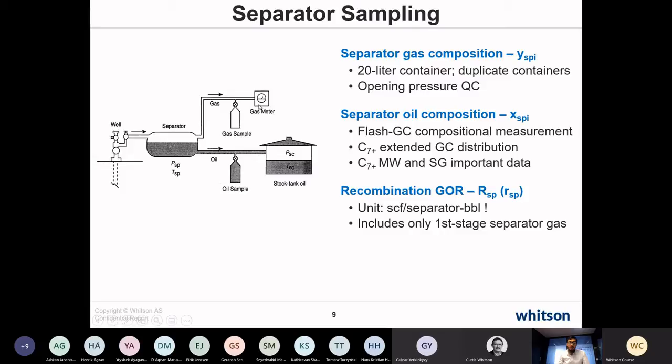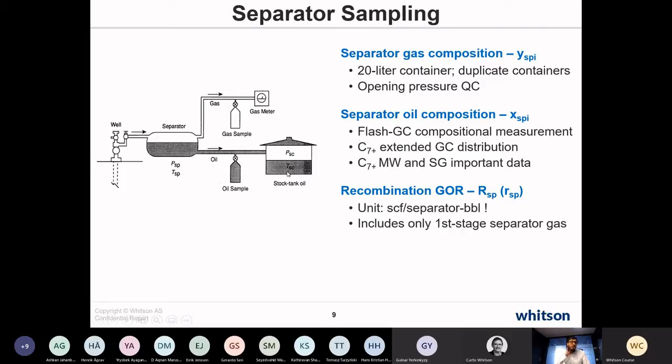That will be the gas meter, but the oil rate might have been measured at the stock tank condition. In that case, you would like to know the shrinkage of this separator oil to the stock tank condition. That should be reported, as we mentioned in the previous slides, because it should be used to back calculate the separator oil volume from the stock tank oil volume.